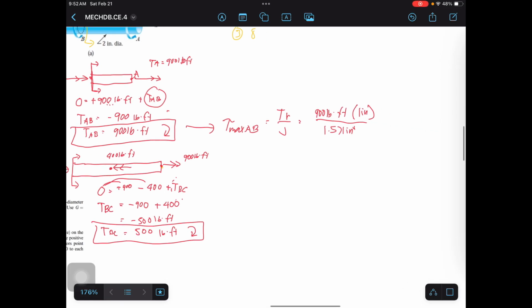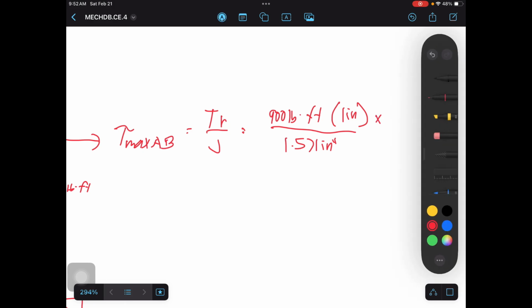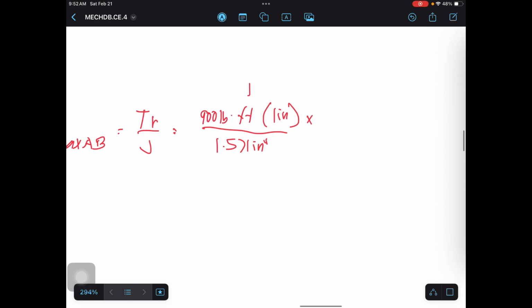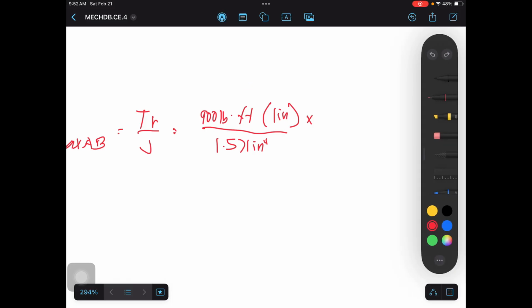So, let's check the units. We have inches, but this is in feet. So, we need to convert this feet into inches. We multiply it by 12 inches over 1 foot. The foot cancels, and what remains is inch cancelling with the inch raised to 4, so it becomes inch squared.